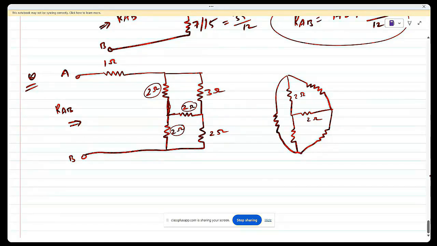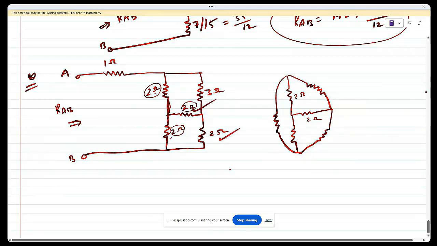So let us draw the next step of this question here. What I am trying to say is, either you can convert this to this in star to delta, or you can convert this to this and this to this from delta to star. It depends on you which step you will follow.